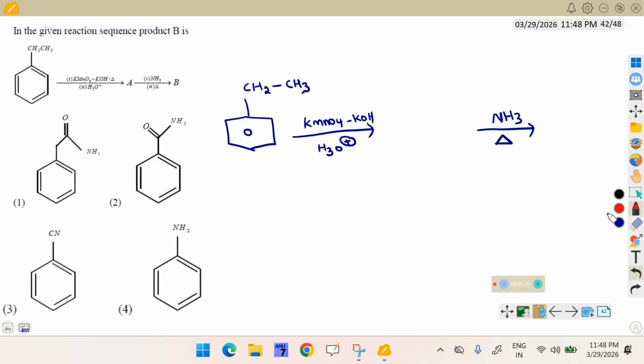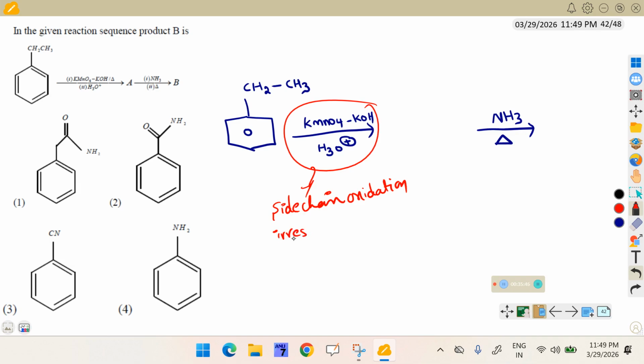Identify B in the following sequence. Ethyl benzene reacts with KMnO4 KOH. This reagent favors side chain oxidation, irrespective of carbon chain length.